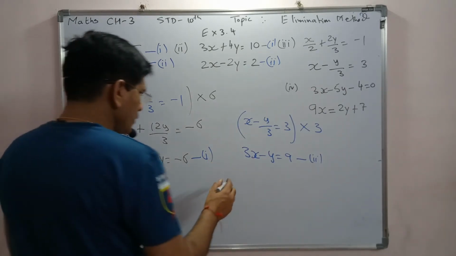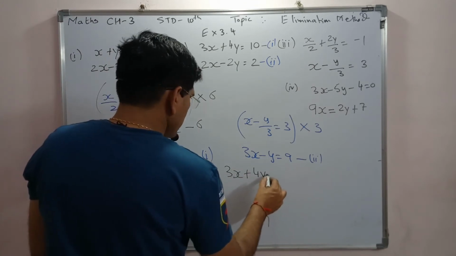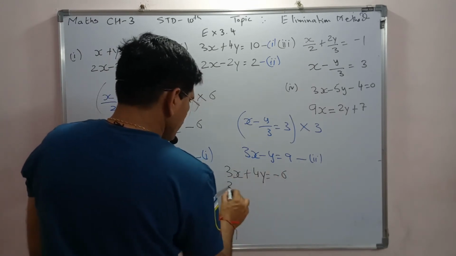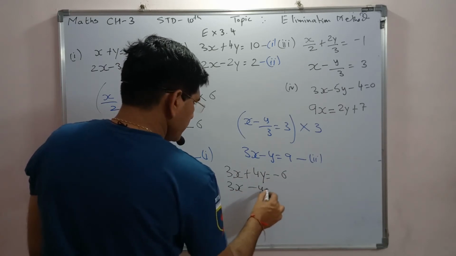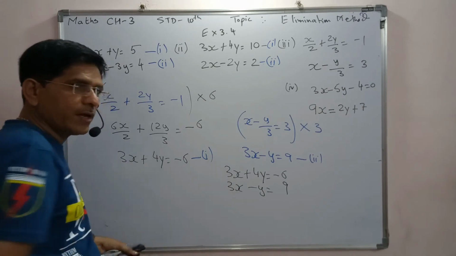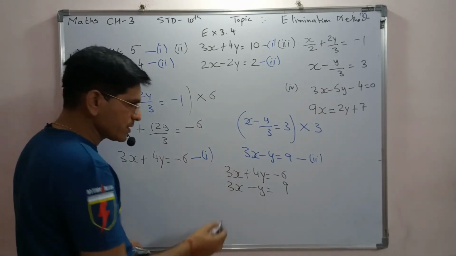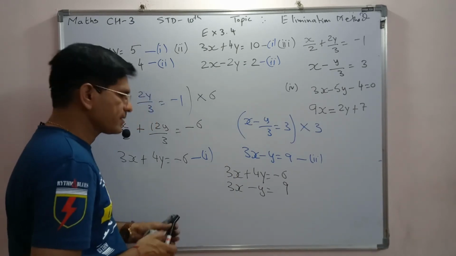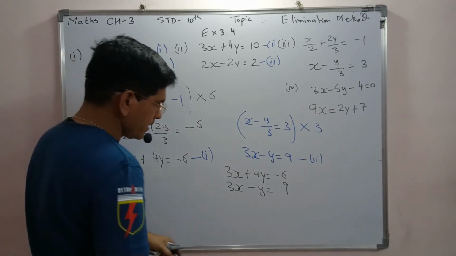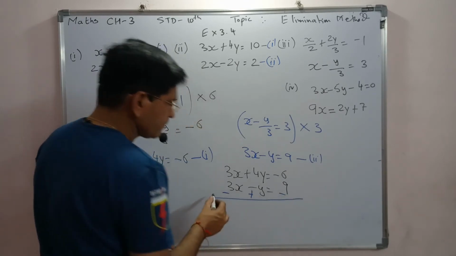Now if I subtract both equations, 3x plus 4y is equal to minus 6 and 3x minus y is equal to 9. Now the variable x already has an equal coefficient, so we just have to change the sign. Here it will be minus, here plus, here minus.